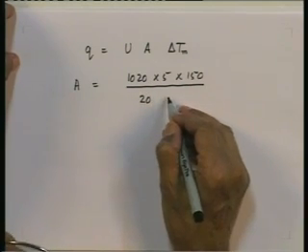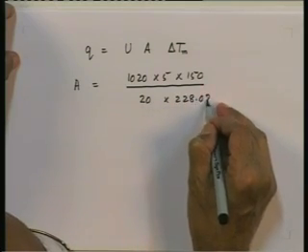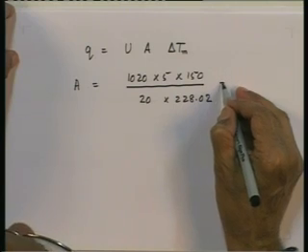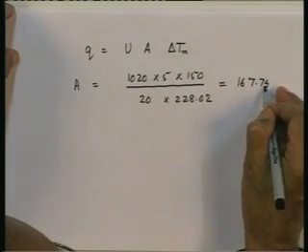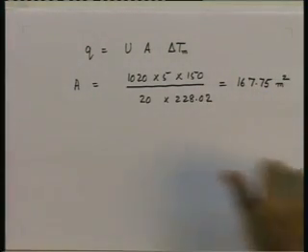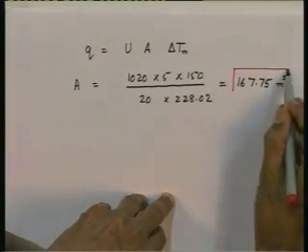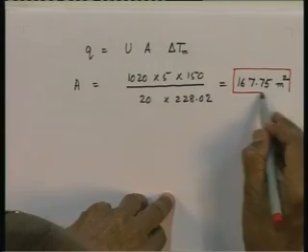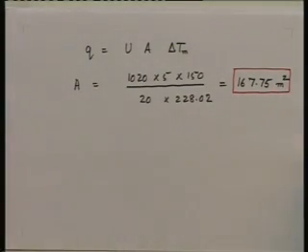So, U is 20 and delta Tm is 228.02. So, we get the area A of the heat exchanger to be 167.75 square meters. That is the answer to the problem, 167.75 square meters for the given data that we have got.